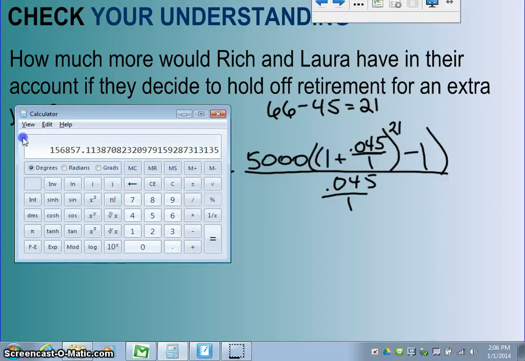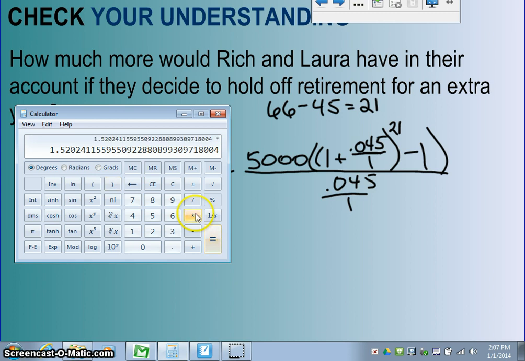So let's see how we did. We start with our $5,000, 2 open parentheses. It gave me 3 here, so let's start this over. 5,000, 2 open parentheses, 1 plus 0.045 divided by 1, close that parenthesis, all to the 21st power, minus 1, close that parenthesis, and enter.